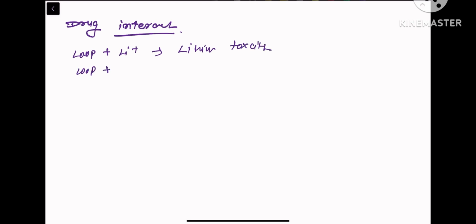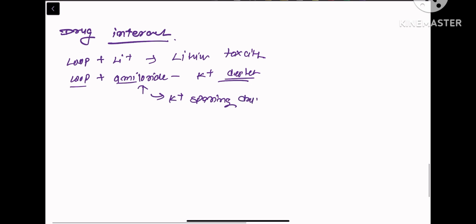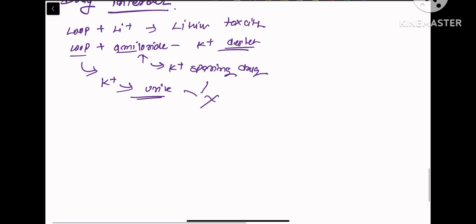If loop diuretics are used with amiloride, it neutralizes the potassium depletion because amiloride is a potassium sparing drug, right? And loop diuretic excretes the potassium in the urine. So basically they cancel out the effect.